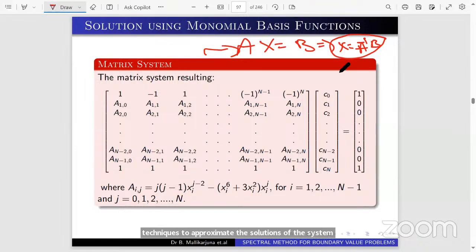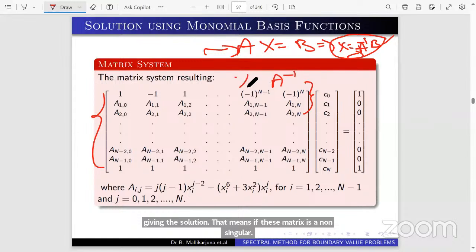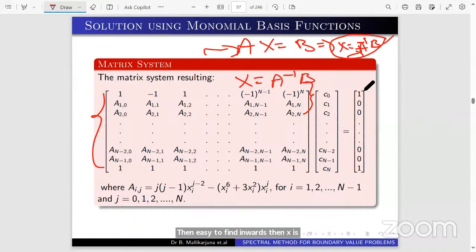Or simply, the direct inverse of A times B gives the solution. That means if the A matrix is non-singular, then it is easy to find A inverse, and then x is simply the product with the right hand side.